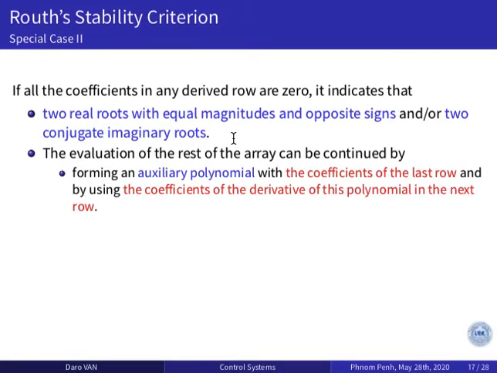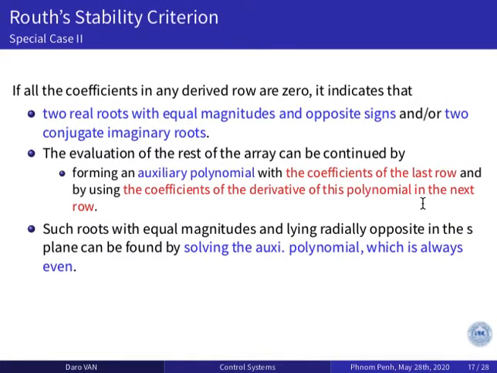The evaluation of the rest of the array can be continued by first forming an auxiliary polynomial, which some people call an even polynomial. They are the same. You form this auxiliary polynomial with the coefficients of the last row, and then use the coefficients of the derivative of this polynomial in the next row.